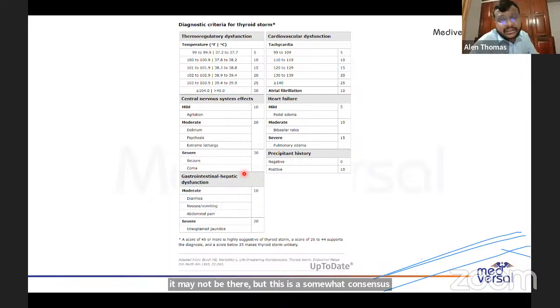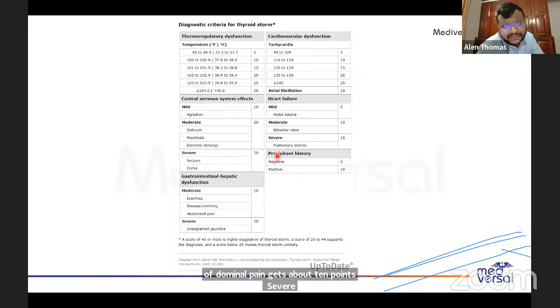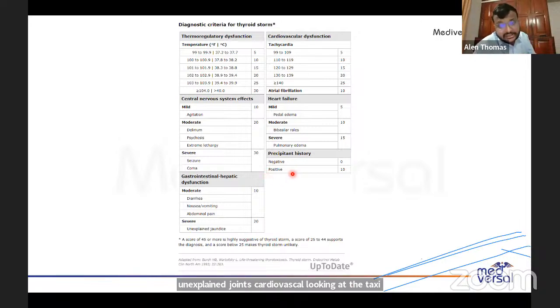It is a score where you look at thermoregulatory temperature, central nervous system effects, mild, moderate, severe, GI effects, diarrhea, nausea, vomiting, abdominal pain getting about 10 points, severe unexplained jaundice, cardiovascular, looking at the tachycardia, atrial fibrillation, heart failure, and any precipitant history of sepsis or thyroid or non-thyroidal surgery if it is found.